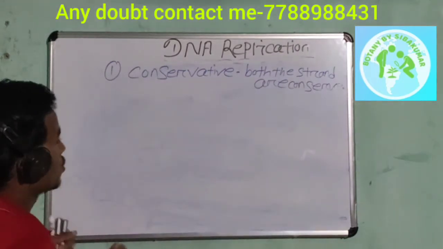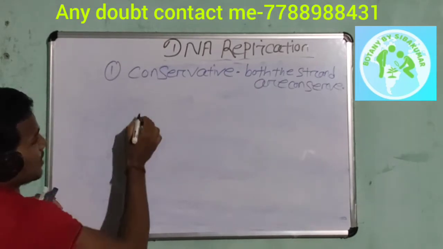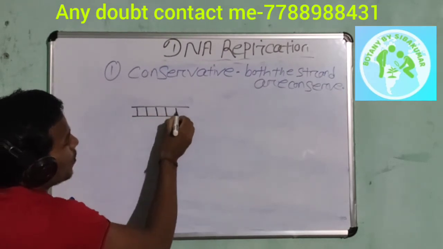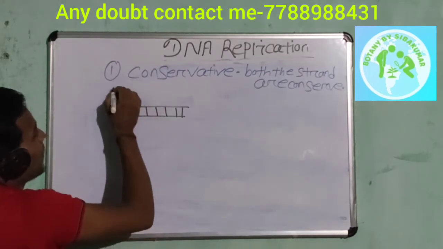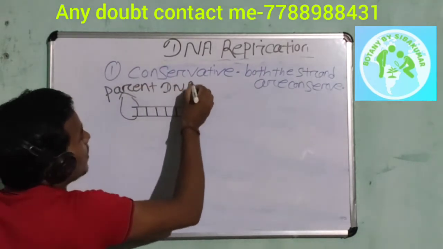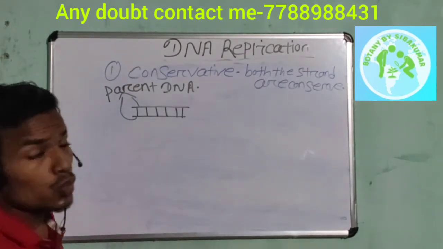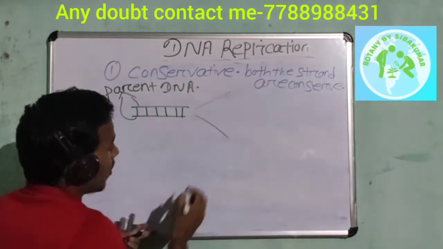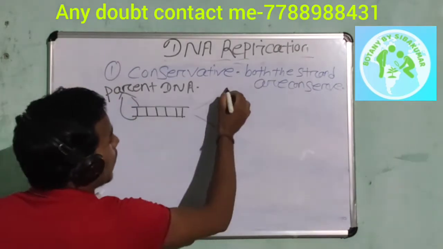That means, suppose these are the two parent strands, known as the parent DNA. These are both strands of a parent DNA. In the conservative process, two nuclear strands are formed.